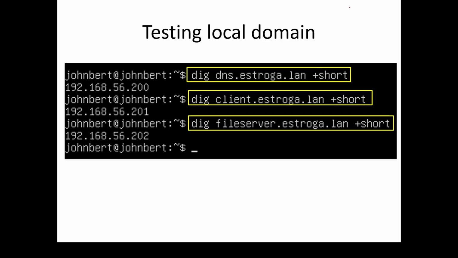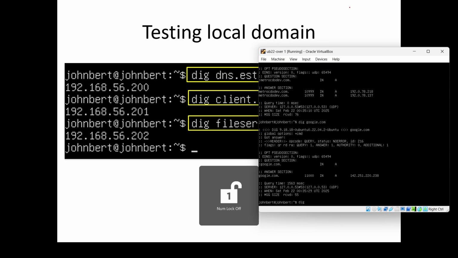We will also test our local domains. We have configured local domains a while ago, in which every time a client tries to access computers or servers in the local area network, we can use domain names instead of IP addresses. We can use this command, dig, and then the domain name of the local computer or server, then plus short.